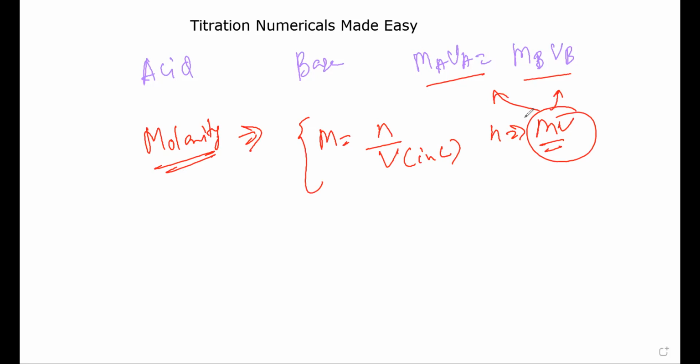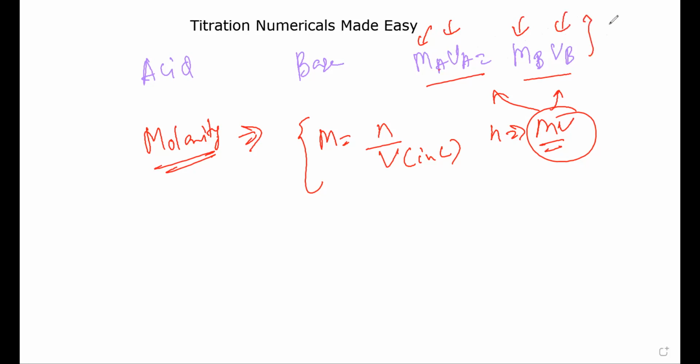In this type of question, they take an acid and a base. There are four variables here: the molarity of acid, the volume of acid, the molarity of base and the volume of base.